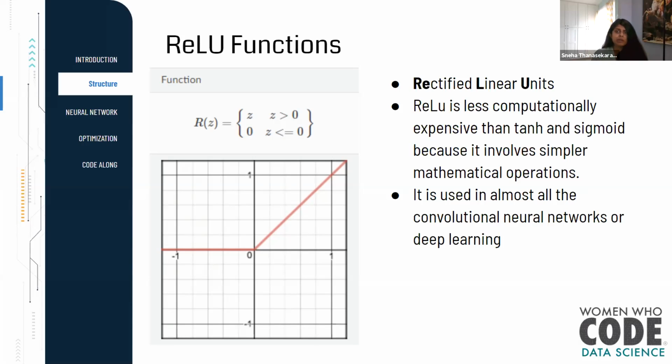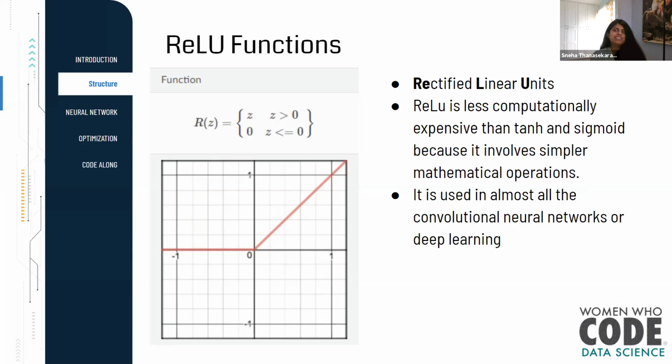Since only a certain number of neurons will get activated using this function, the ReLU function is far more computationally efficient when compared to the sigmoid and tanh functions. And the ReLU function still has a disadvantage: during backpropagation, the weights and biases for the nodes that were not activated might not get updated.